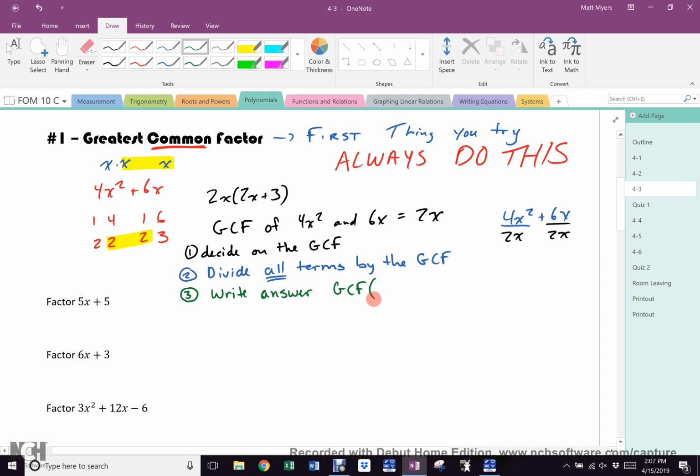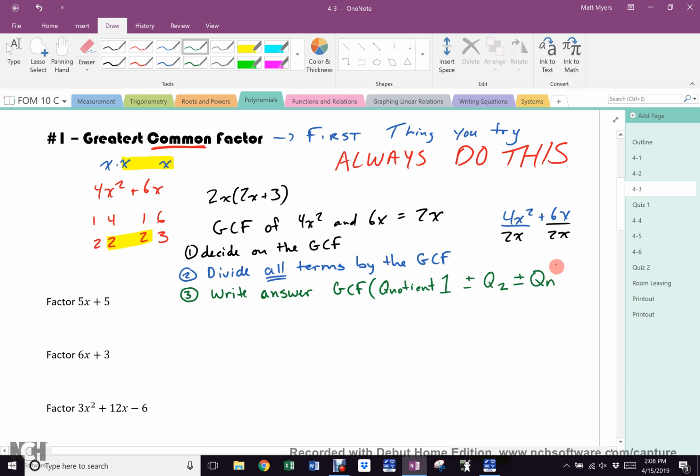GCF bracket. Then you put, I'm going to use the proper math term for it because it's math class, the quotient. Quotient is the answer when you do division. So quotient 1 plus or minus quotient 2 plus or minus quotient n. You keep going until you're out of quotients.